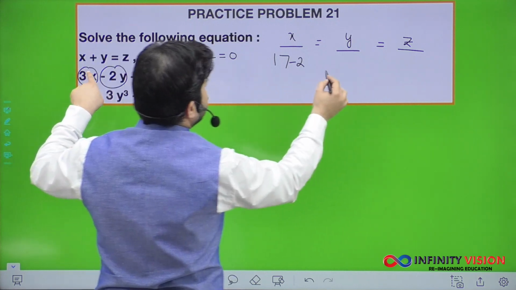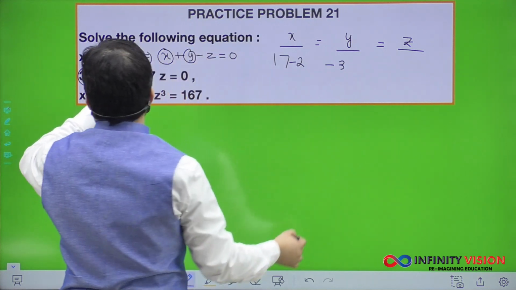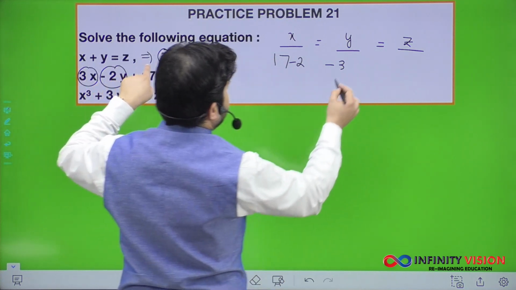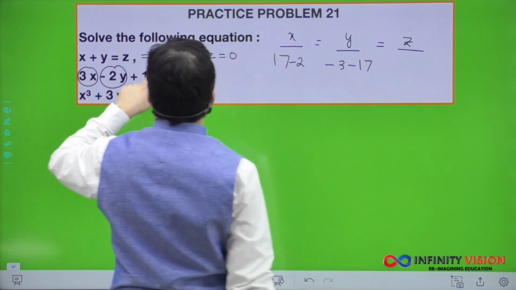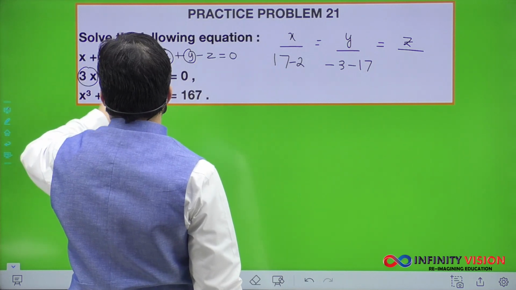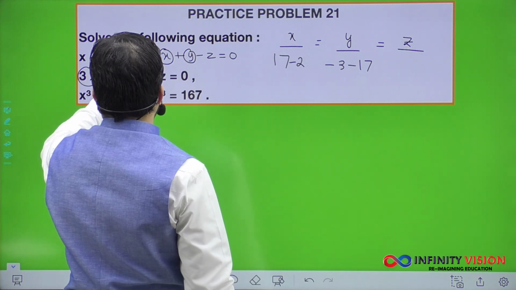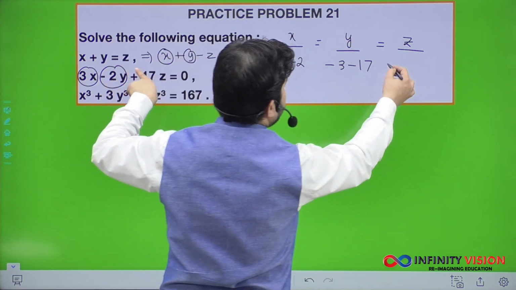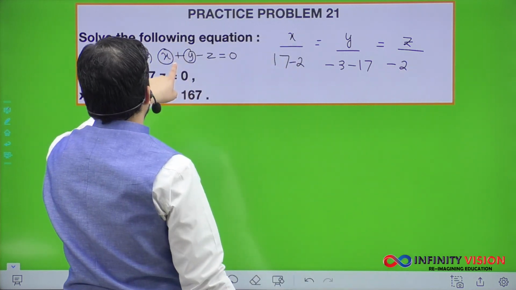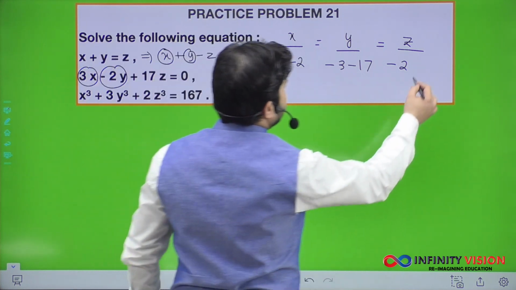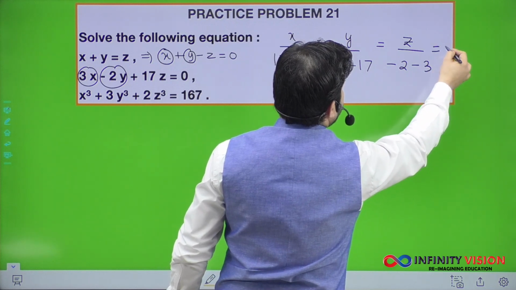That makes it minus 3. And then 17 would go with 1. That is minus 17. And for z, you can simply say 1 would go with minus 2, that is minus 2, and 1 would go with 3, that is minus 3, equals lambda.